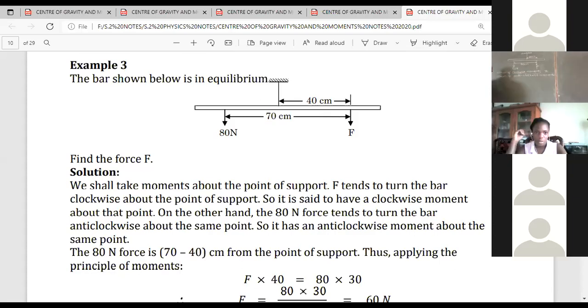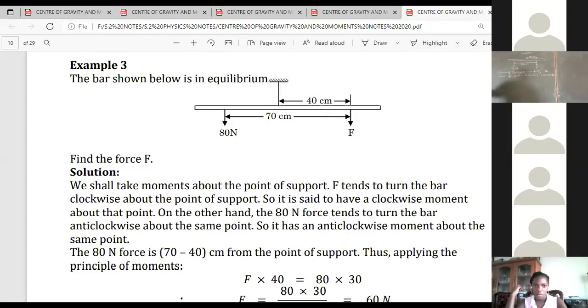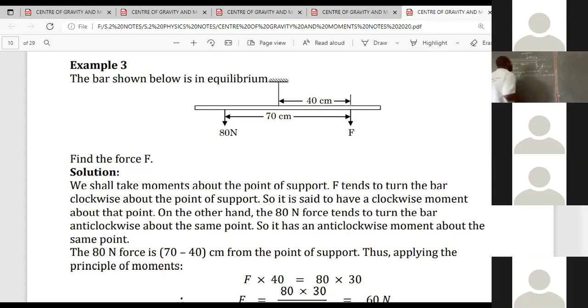Now we want to identify which one is the clockwise moment about this point. Can someone share with us? F. F is the clockwise. Thank you so much. So this one is the clockwise moment, then the anticlockwise moment in this case is the 80.